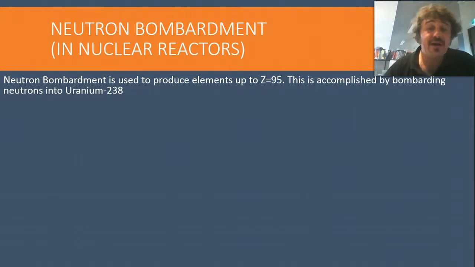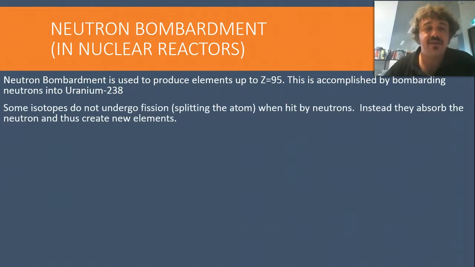Now, we're bombarding with neutrons. That's not going to change the proton number, that just changes the atomic mass, so the atomic number shouldn't change, except, first off, not all atoms undergo nuclear fission when we bombard them with neutrons. These are called non-fissible.